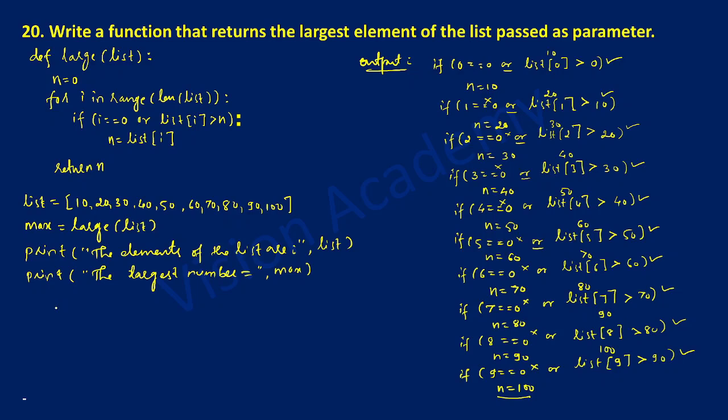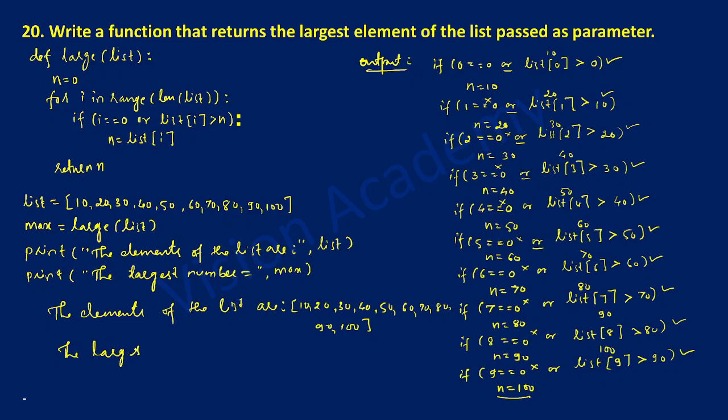Now it is going to print the output as the elements of the list are, and all these elements will be printed as they are. So in square brackets it will be 10, 20, 30, 40, 50, 60, 70, 80, 90, 100 printed, and the next print statement, the largest number is equal to, so max is holding the largest number, that is 100. So 100 will be printed.